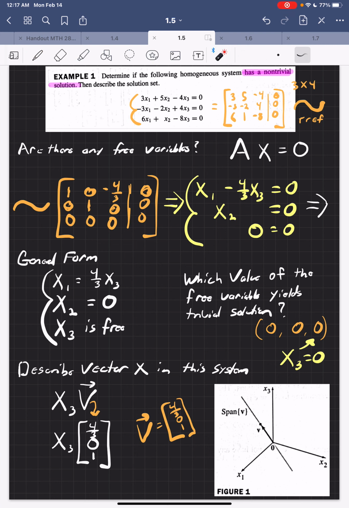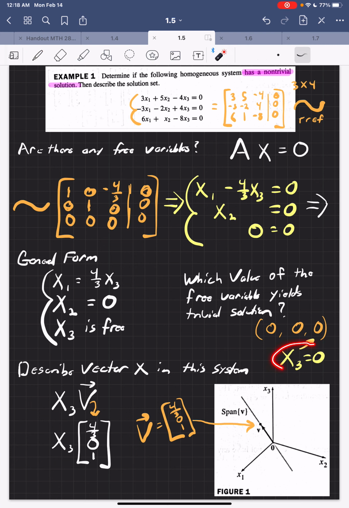Again, for my engineer students, imagine 4/3 i plus 0 j plus 1 k, if that helps. If you were to graph this, that would be vector v.